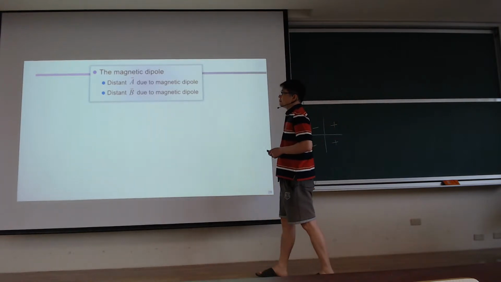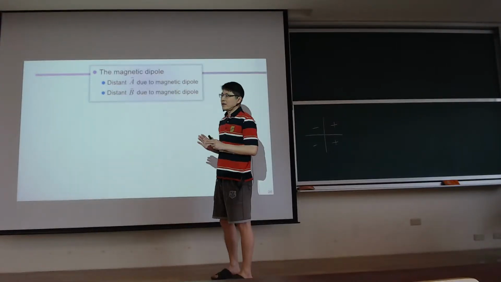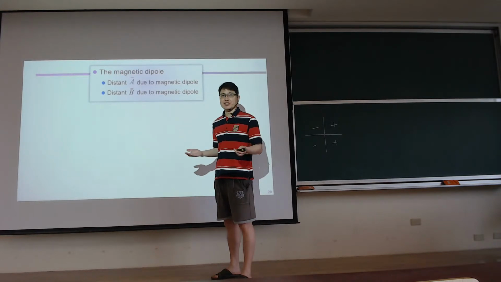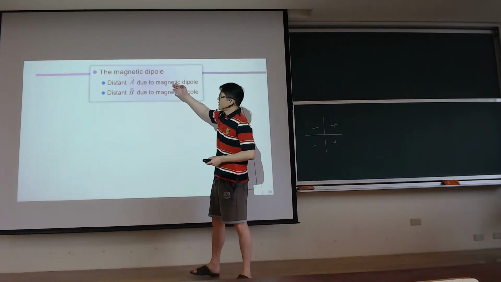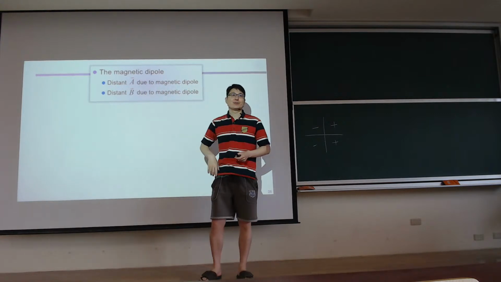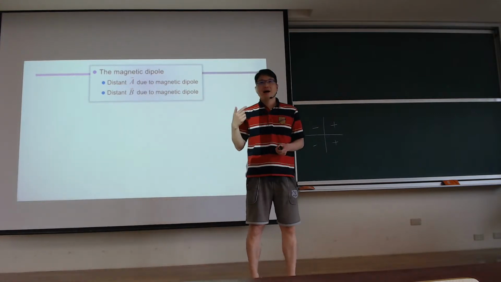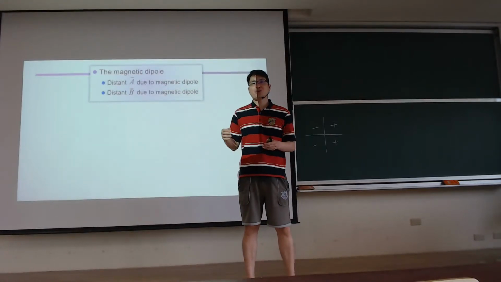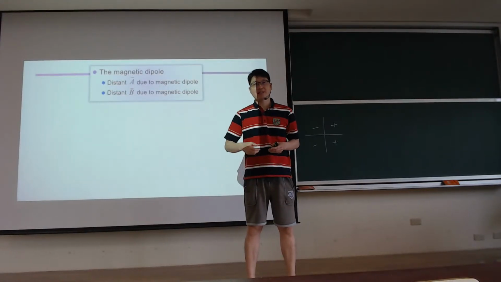Now, having understood about how to use Biot-Savart law, I want to spend the next 25 minutes to talk about magnetic dipole. Well, if you still remember, I spent a lot of effort multiple times, right, to explain and introduce and discuss electric dipoles.